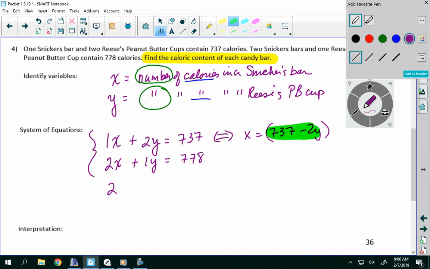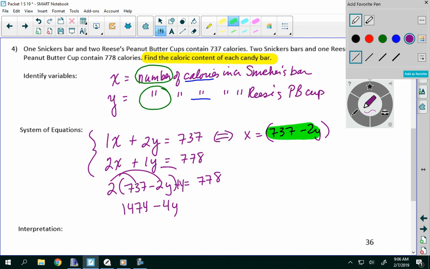So I have 2 times 737 minus 2y equals 778. So 2 times 737 is 1474 minus 4y. I use my distributive property.